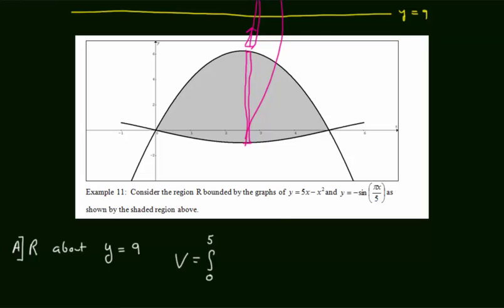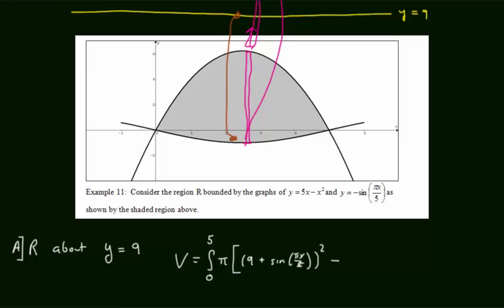And so this is traditional washers, which is pi, and then the outer radius is going to be the distance from here to here. That's going to be 9 minus the sine function, so it's going to become 9 minus sine of pi x over 5. That is the outer radius, and the outer radius has to get squared.